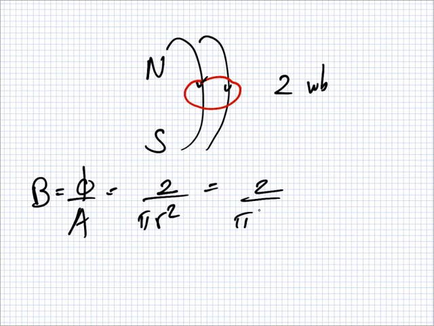What's the radius? So 1 centimeter? Yeah. Yeah? 6.366 Tesla. Easy enough, yeah?